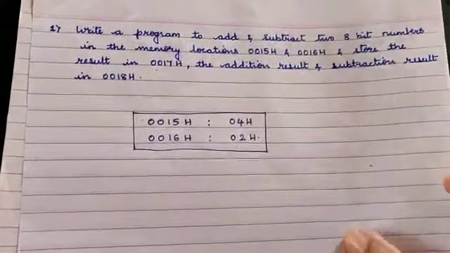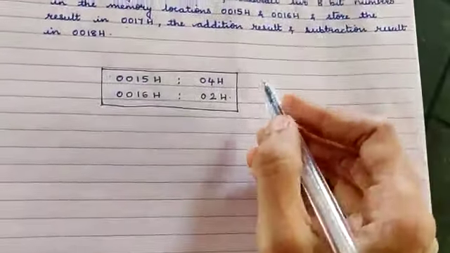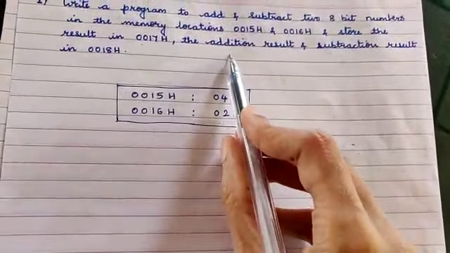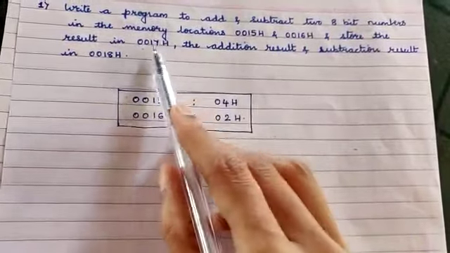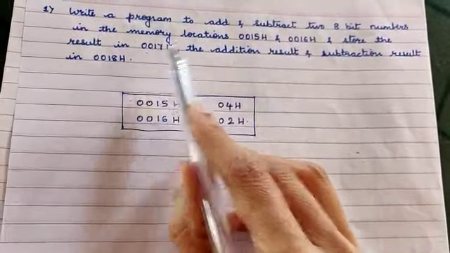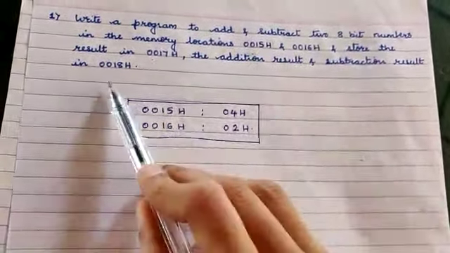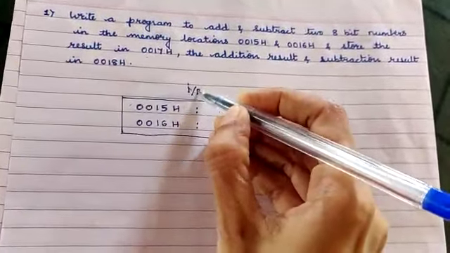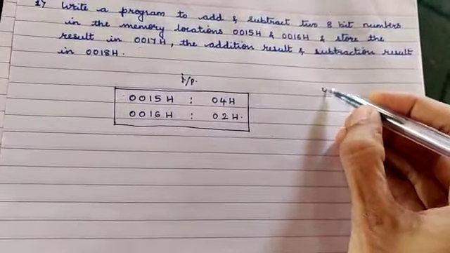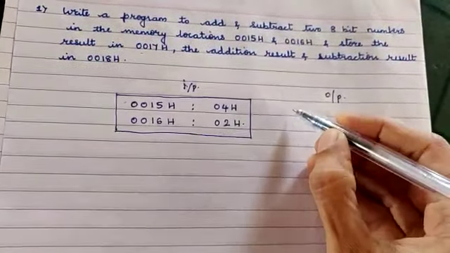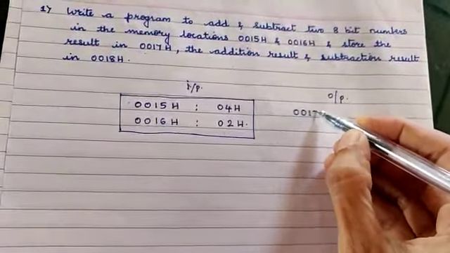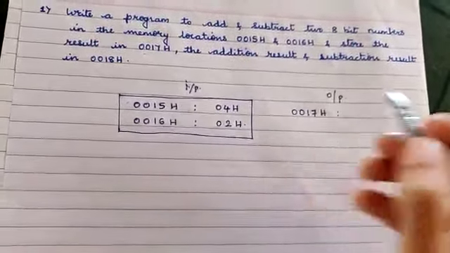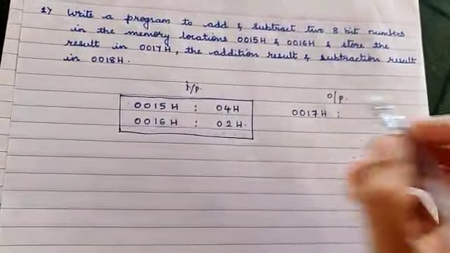Okay, so this is the input we have to give, and what will be the output, and where should we get the output? The addition result, according to the program, we have to store in 0017 and the subtraction result has to be stored in 0018H. So we'll assume this 4 and 2.